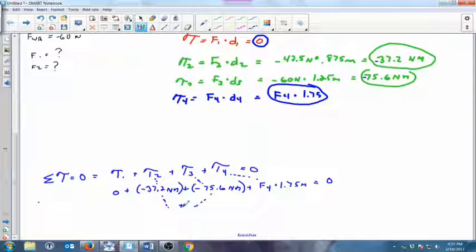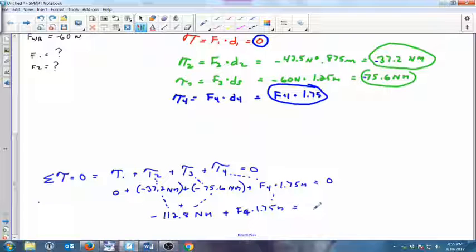So I have two negative numbers. It's going to give me a total of minus 112.8 Newton meters plus F4 times 1.75 meters. That's that guy.